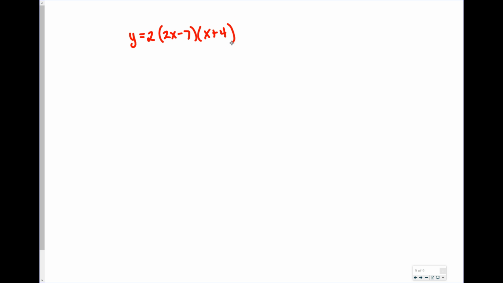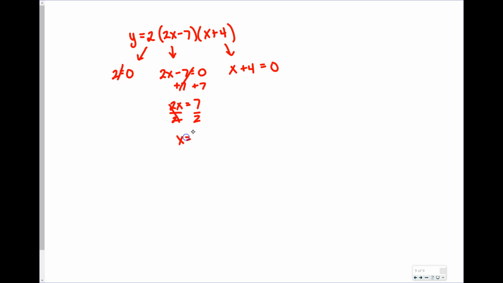So this is an example where when I pull all of these things out to get my solutions, this one right here is a non-solution, so I cross it out. However, I can't just switch the sign of this 2x minus 7, because as I start to solve this and add the 7 over, I suddenly have to get rid of this 2, and when I do that, I get a fraction.